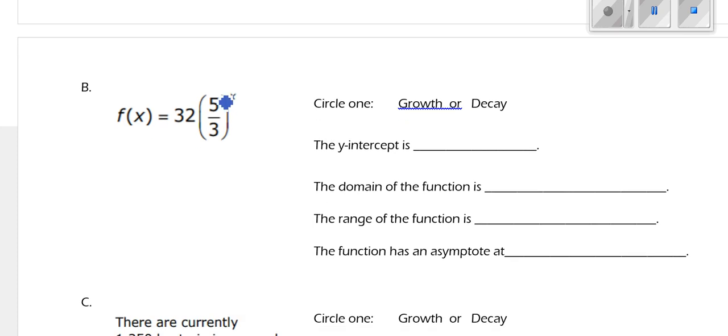B, I can see that this is a decay because my growth rate is less than 1. The y-intercept is my initial value, which is located right there, which is 32. The domain of my function, if this was graphed, is all real numbers.